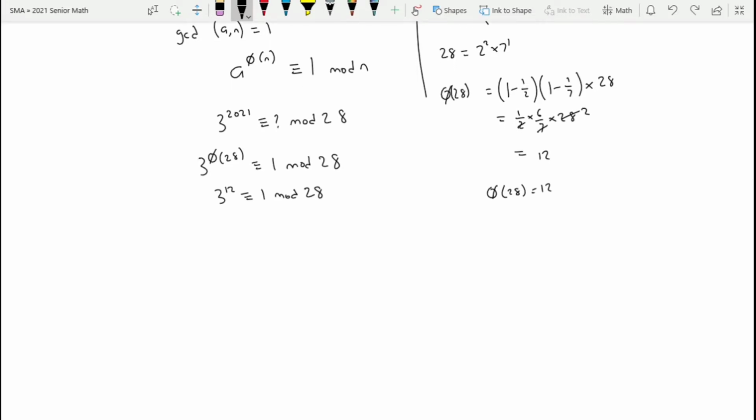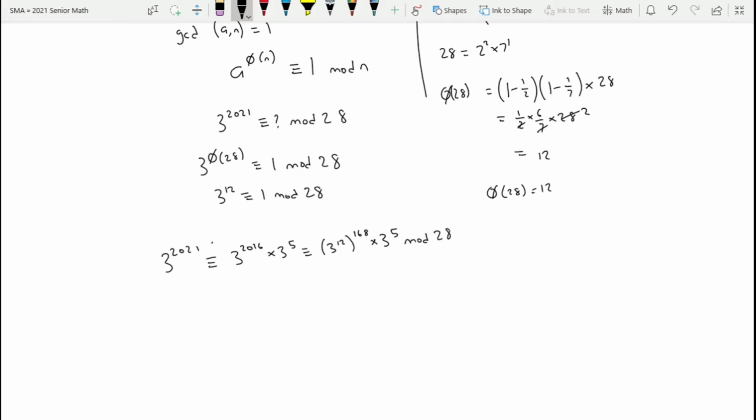Then we can rewrite 3 raised to the power 2021 as 3 raised to the power 2016 times 3 raised to the power 5, which is also the same as 3 raised to the power 12, raised to the power 168, times 3 raised to the power 5, mod 28.